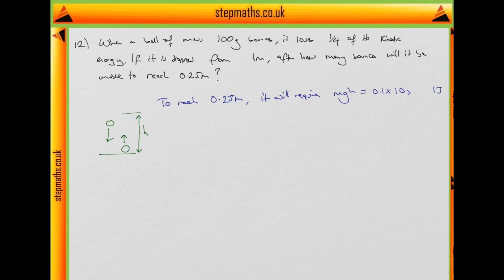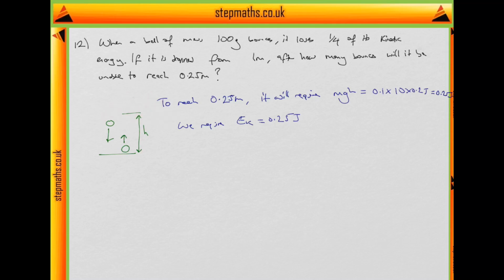We want it to reach a height of 0.25 meters, so that's 0.25 joules. So we require a kinetic energy of 0.25 joules after the ball rebounds from one of its bounces. So if the kinetic energy after a rebound is less than 0.25 joules, it will be unable to reach a height of 0.25 meters.